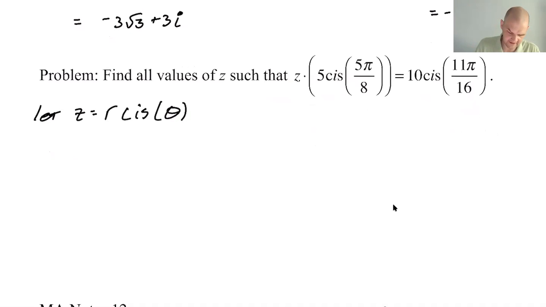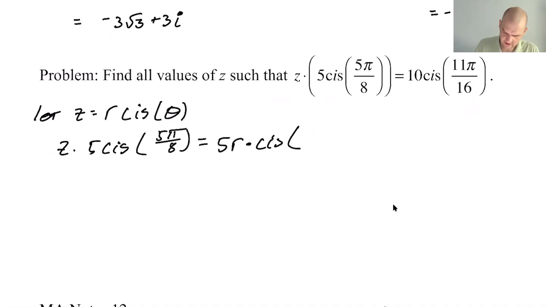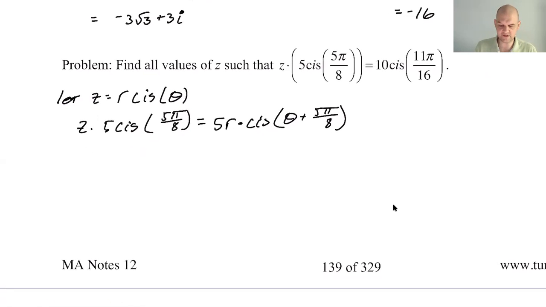Then z times 5 cis 5 pi over 8 is going to be 5r cis of theta plus 5 pi over 8. I just multiplied them. Those are our properties: we multiply the moduli, we add the arguments, and we get this.